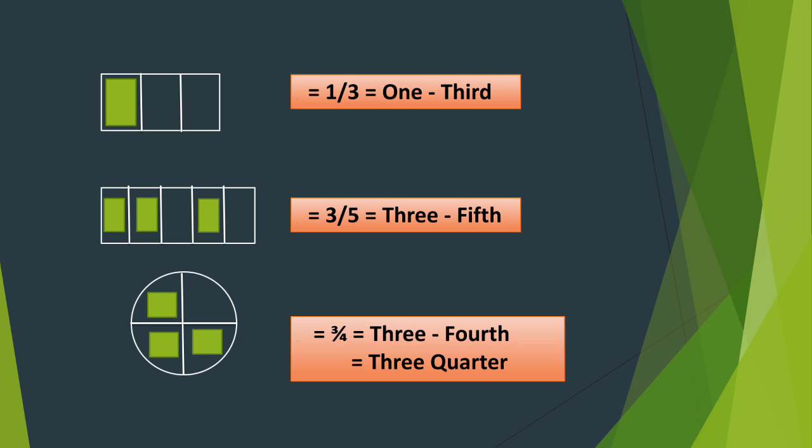Next, 5 total, 3 colored, 3 fifth. In the last, 4 quarter, colored 3, that is 3 by 4, 3 fourth, and also we can say 3 quarter. These are the examples for parts.